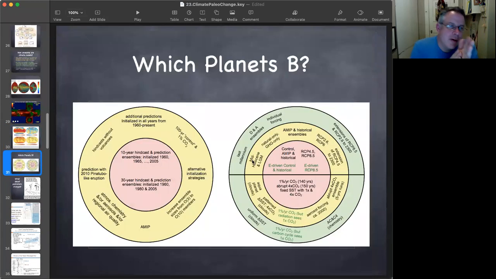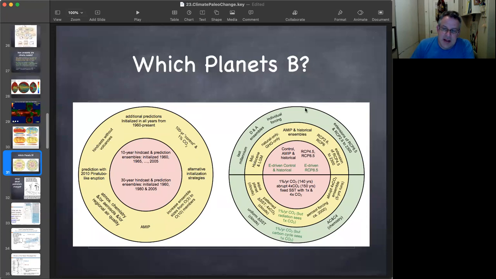Okay, so now we have the concept of wanting to debug these models, or at least think about how they work and figure out whether we can assess how bad or how good they are. How do we do it? Well, we do something called a set of scenarios, sometimes called a MIP, a model intercomparison project. This is for the AR5, the set of simulations that were required over here.